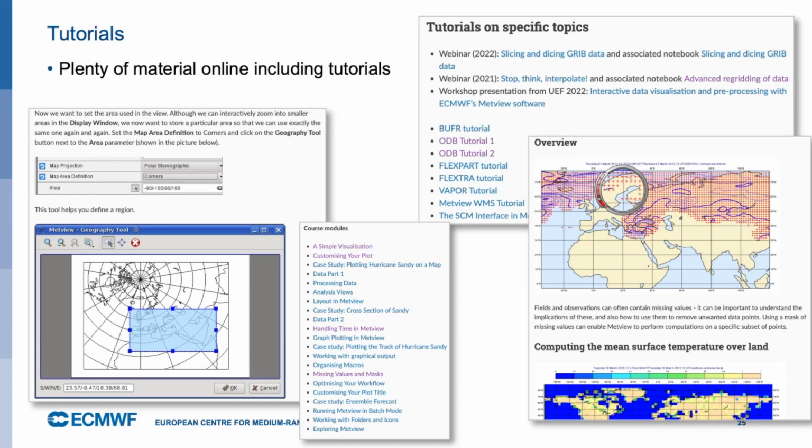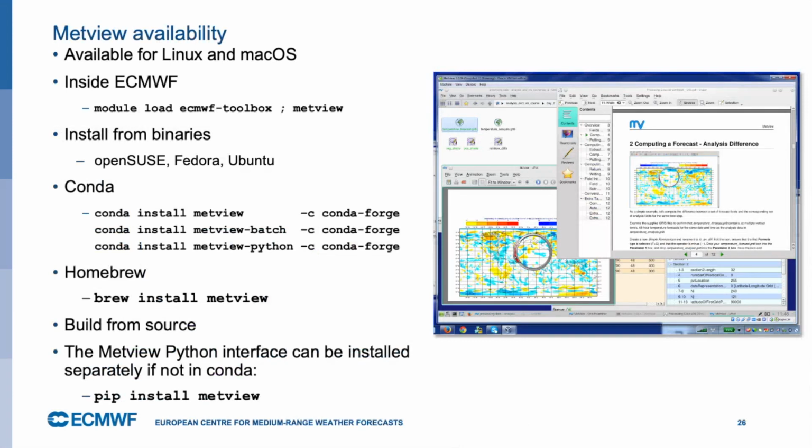It's trivial to convert from macro to Python, but there's some quite nice stuff in there. For instance, we've got something specifically about all the details of how to use BUFR data. And yes, there's a lot to explore. We're going to be doing one of these tutorials in a moment.